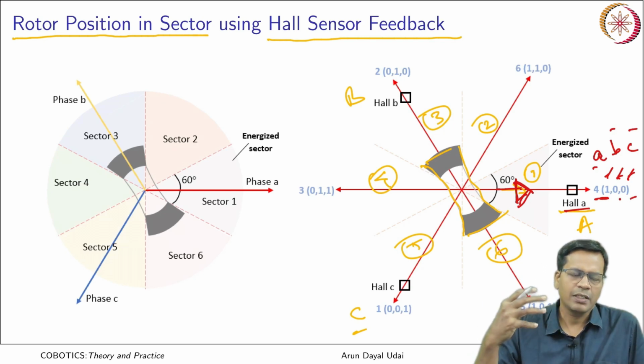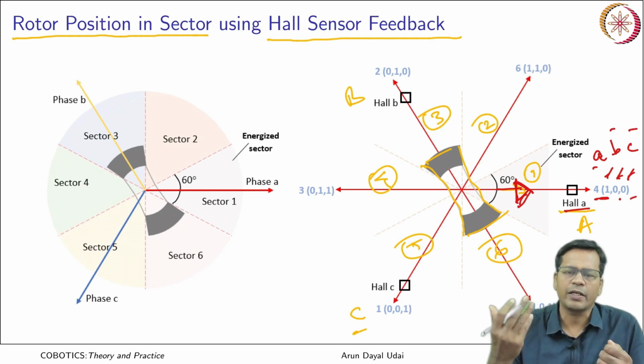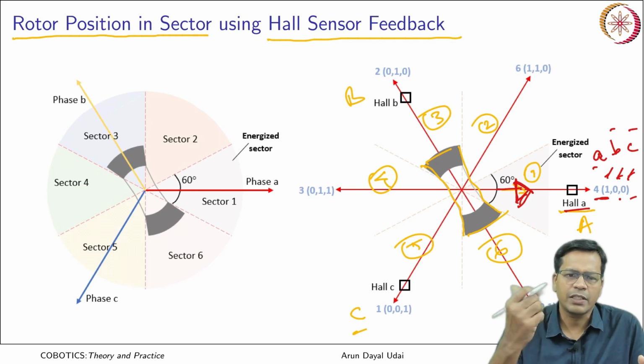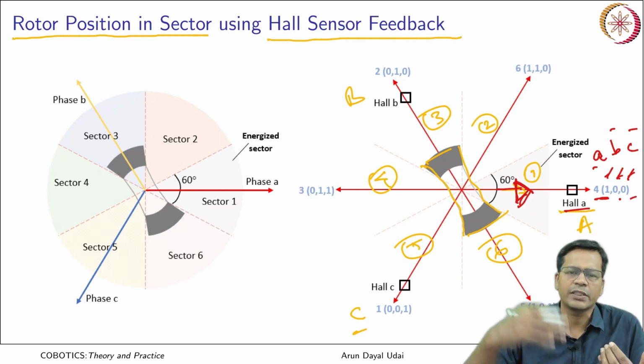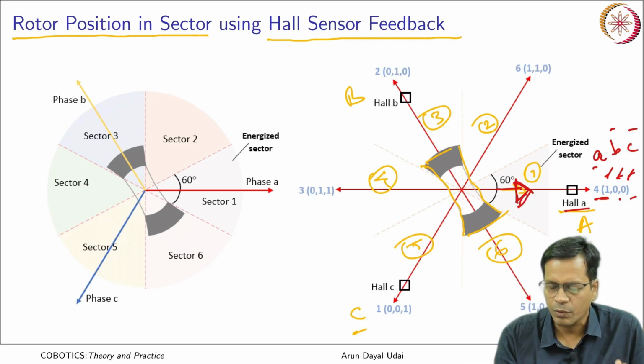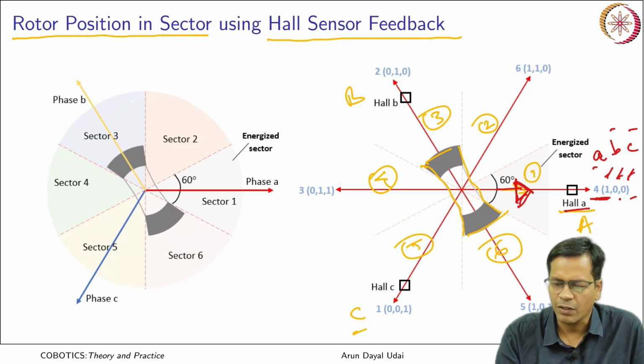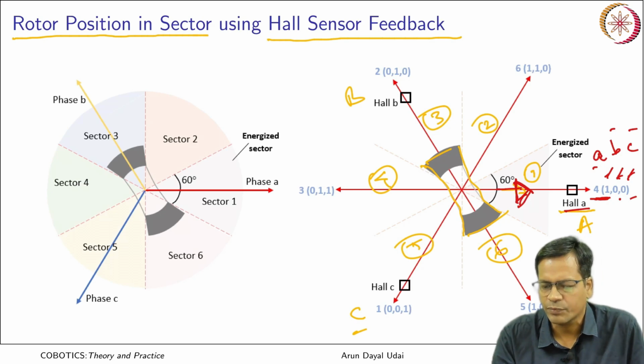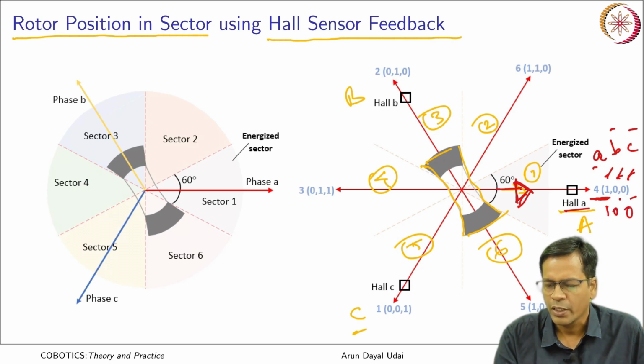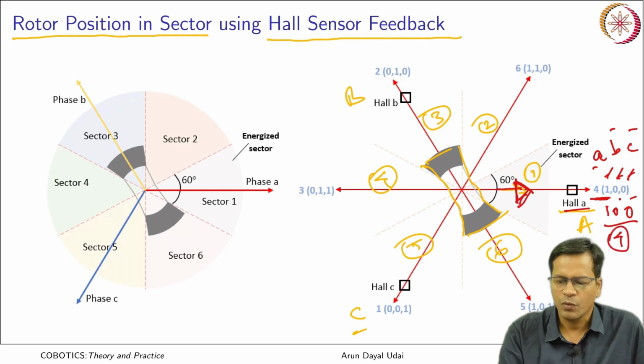Hall effect is a gradual sensor, it gives you an analog signal that needs a thresholding device to convert it to a digital signal. Based on the signals, this will now give a high signal of 1. So effectively this gives you 1 0 0. If I convert binary to decimal, it is equivalent to 4.